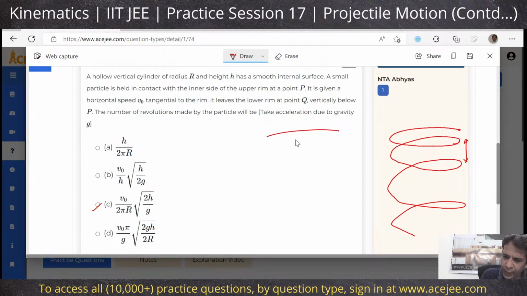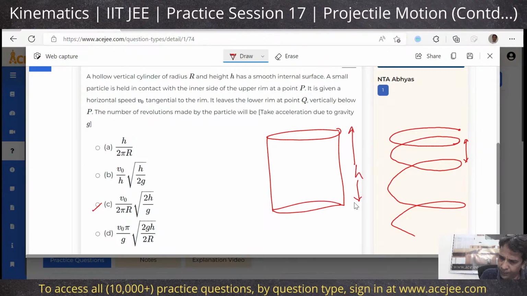Okay, so just to recap, to cover this distance h, we will use h equals 0 times t plus half g t square. So time taken is square root of 2h by g. Now the question is asking, in this time, how many revolutions does it make?